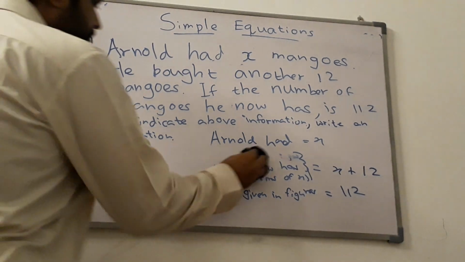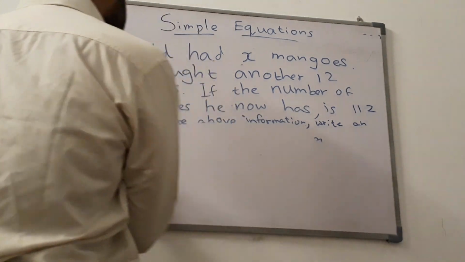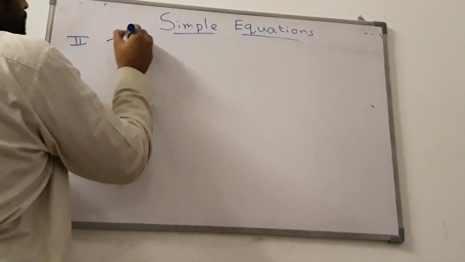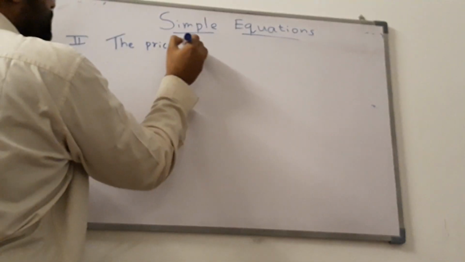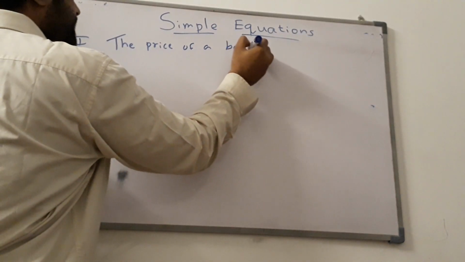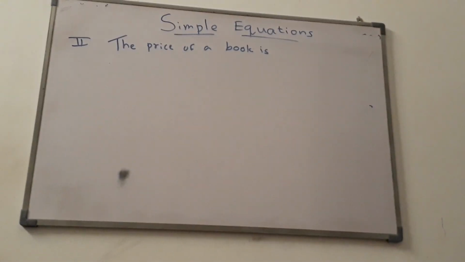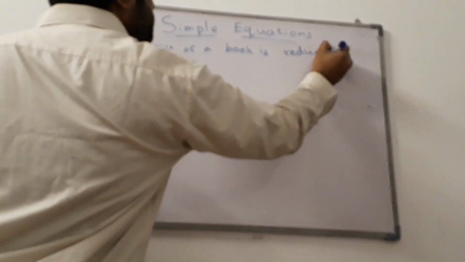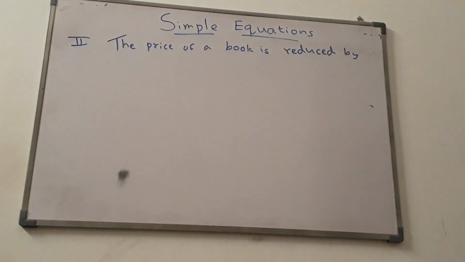Okay, let me give you another example to clarify it further. The price of a book is reduced by 10 rupees.